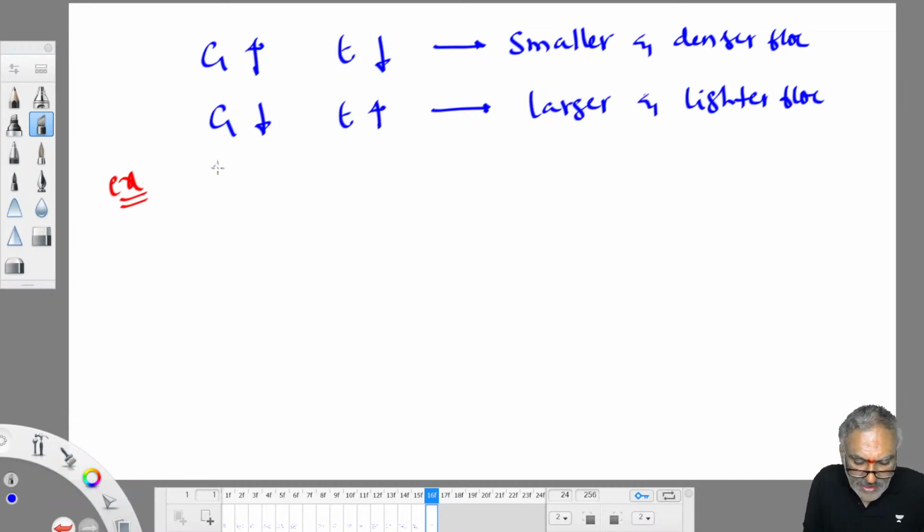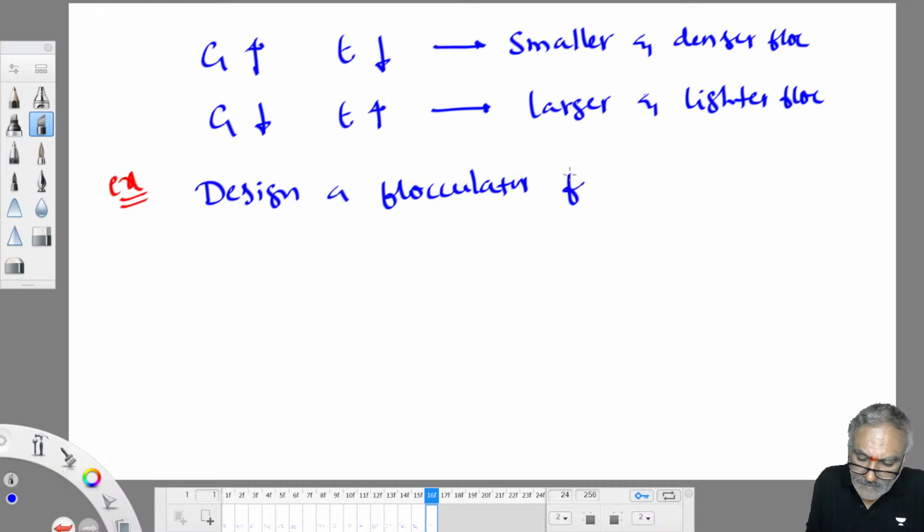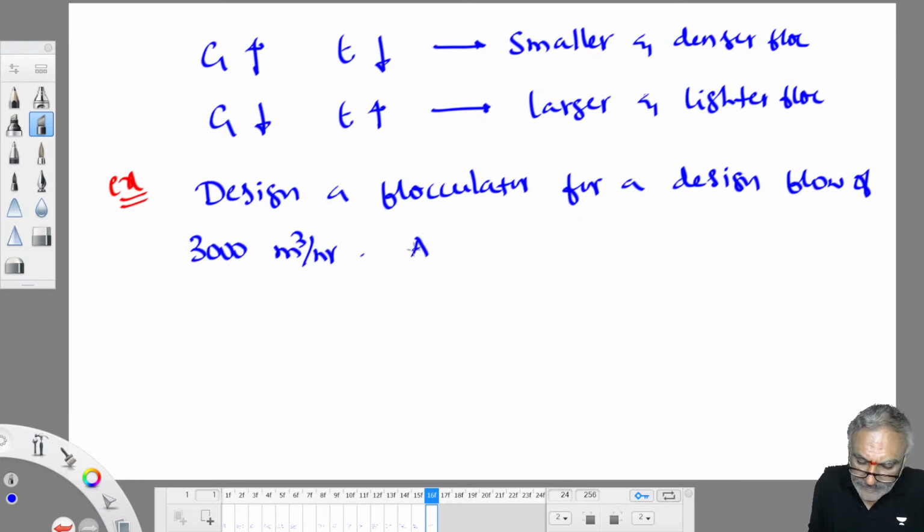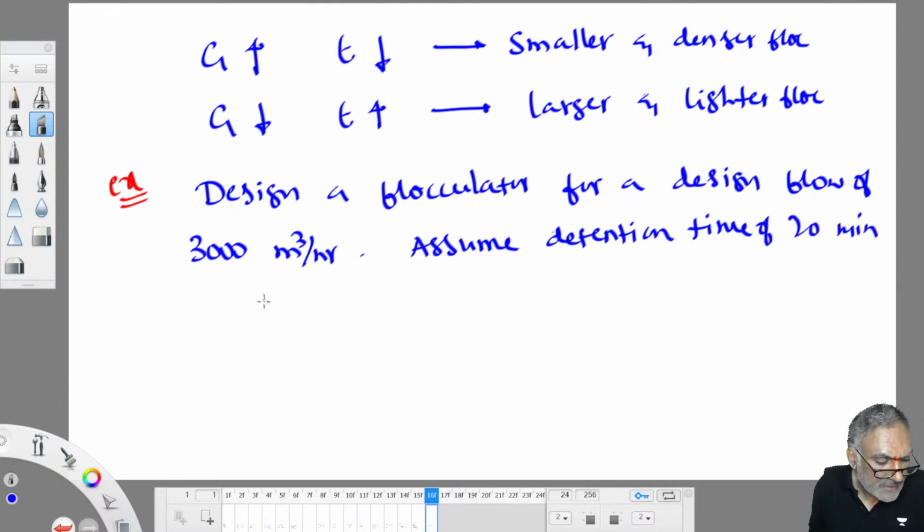Okay, try this question. Design a flocculator for a design flow rate of 3000 meter cube per hour. Assume detention time of 20 minutes, G 40 second inverse.